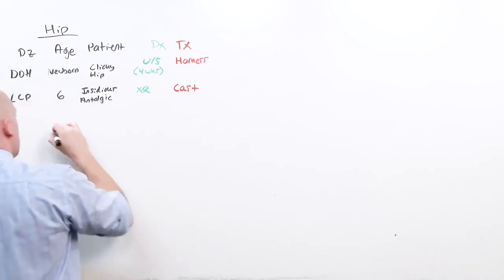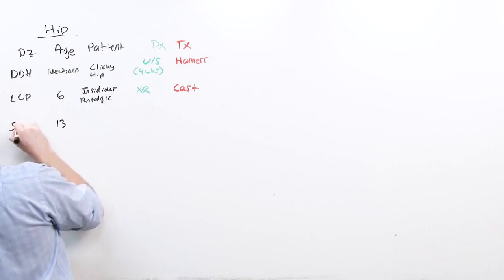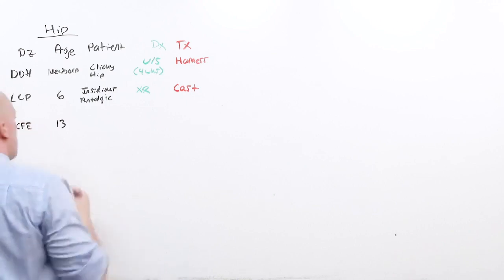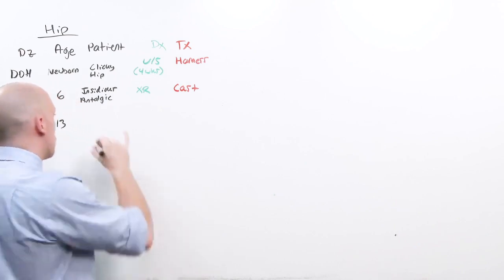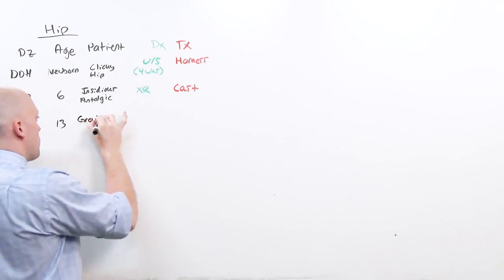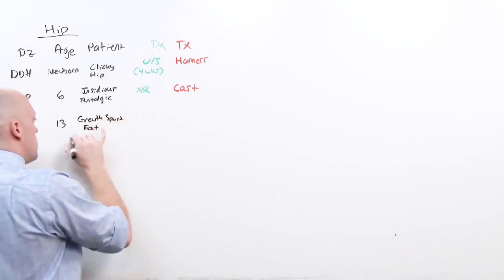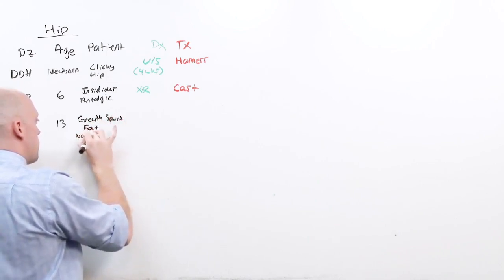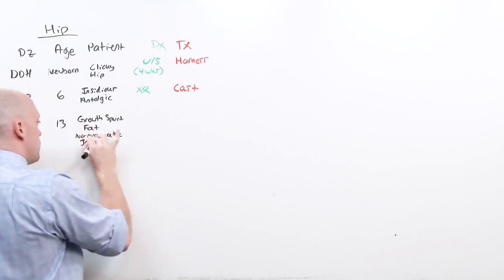If you're a little older, in the teenage years, you might end up with slipped capital femoral epiphysis. Slipped capital femoral epiphysis occurs in kids who are going through a growth spurt or who are really fat. It is going to be a non-traumatic joint pain.